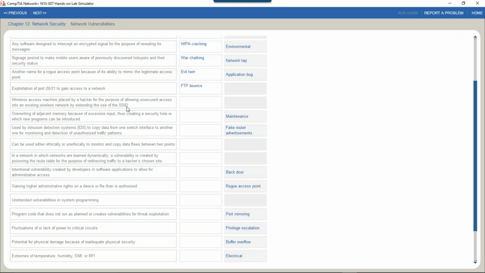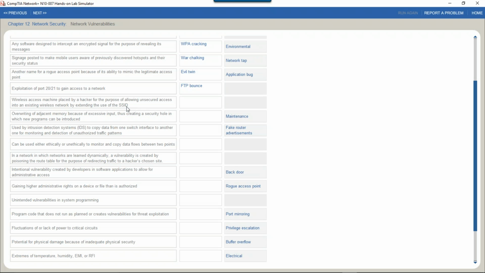The first thing that you want to do is look for the keywords, okay? We're looking for a wireless access machine, something that's placed by a hacker for the purpose of allowing unsecured access into an existing wireless network by extending the use of the SSID, right?